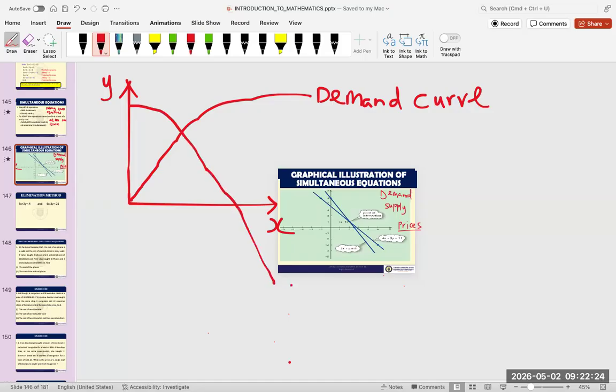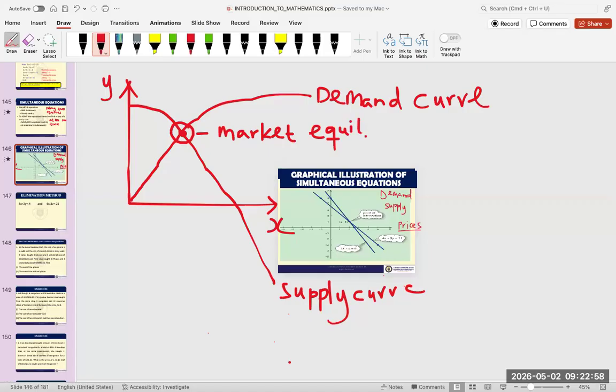So this is the supply curve. So demand is going up, supply is coming down. They have to meet at a point, this point. The point they meet is what we call the market equilibrium. That is where everybody agrees that, okay, we'll pay this price.